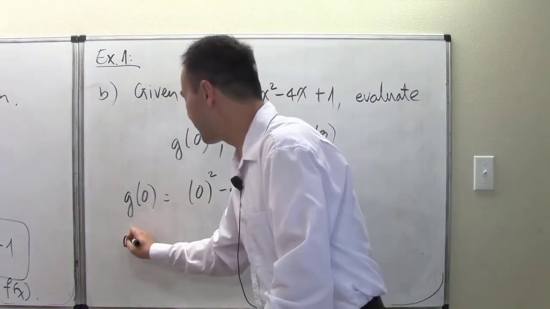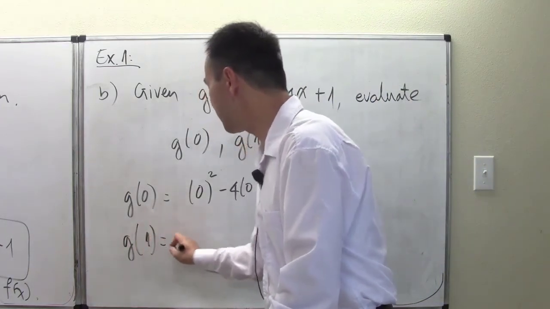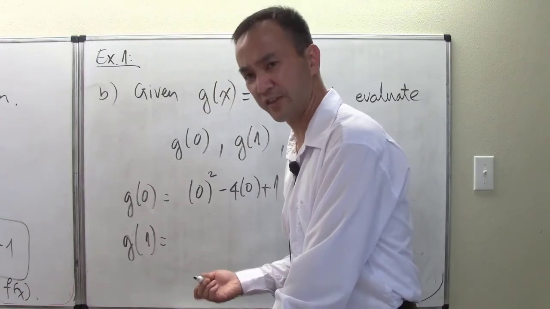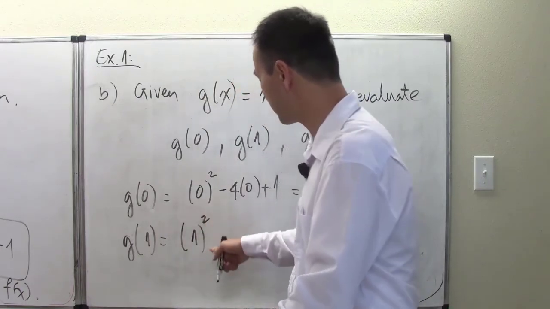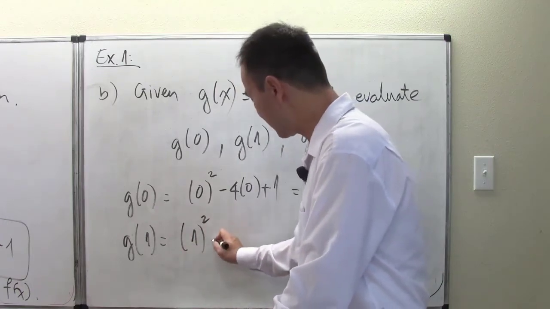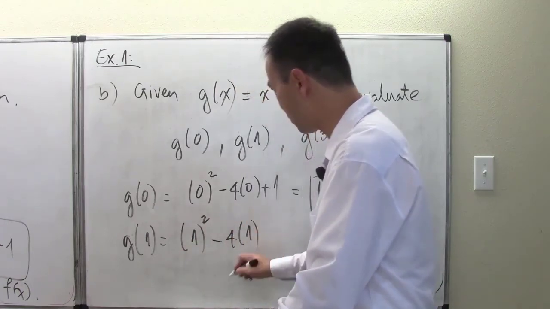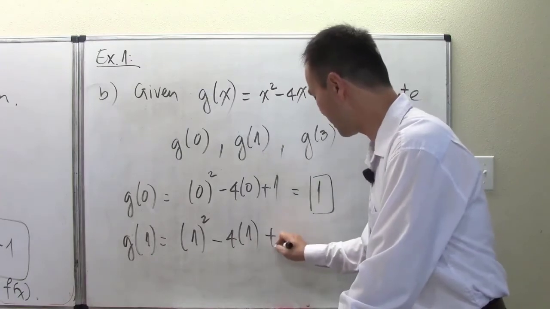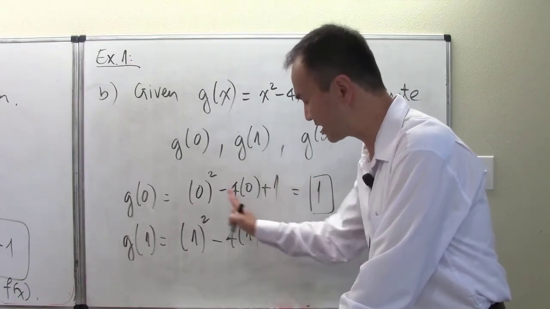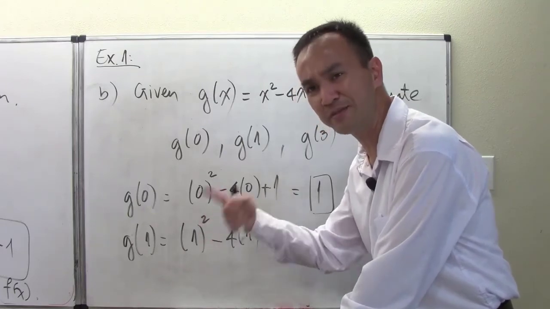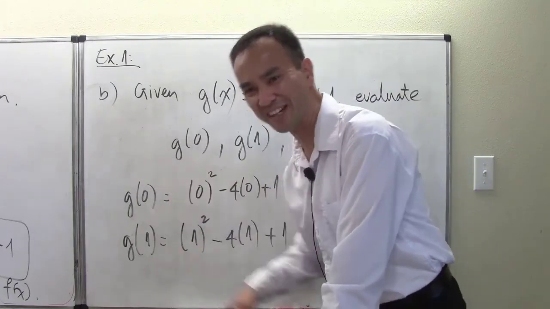Then g of 1, another request of the problem. The rule says we square 1 and then minus 4 times 1 plus 1. I really love that my students understand a function is a rule. That's why I keep saying the rule says, the rule says.